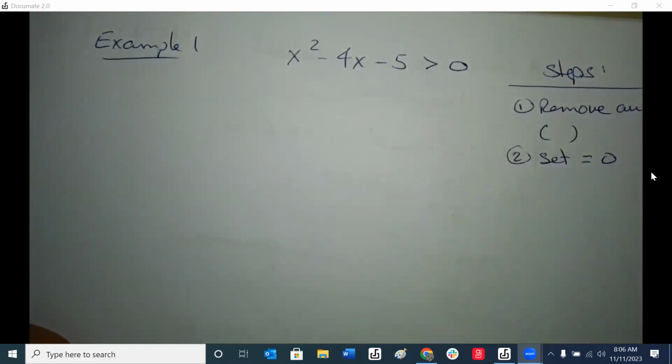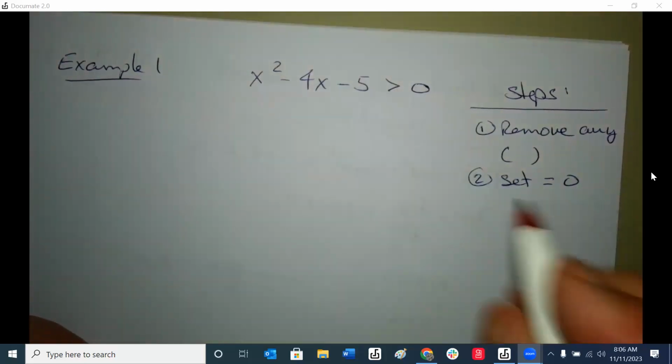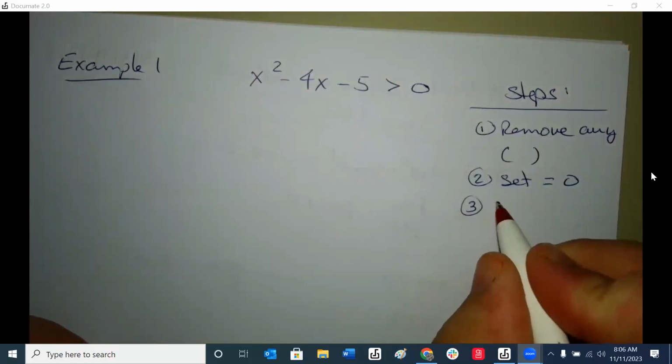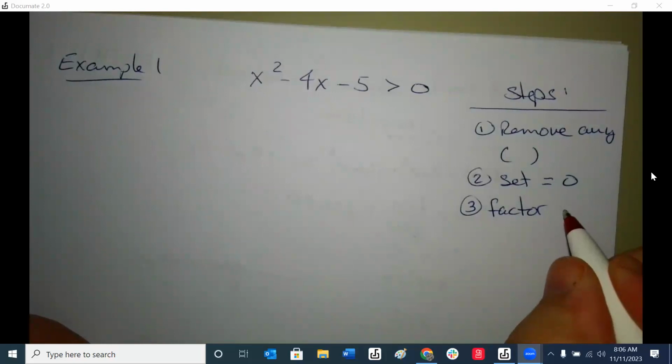Set equal to 0, which means we have to have 0 on one side. Factor.